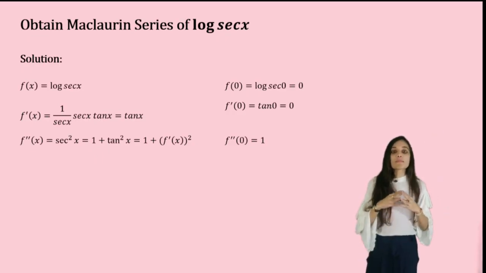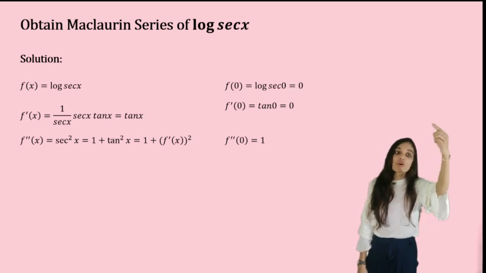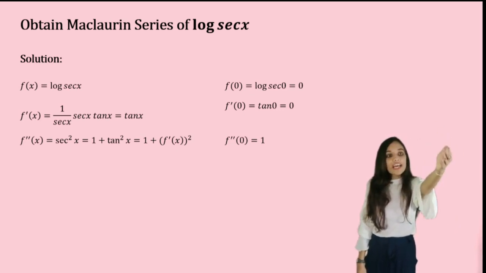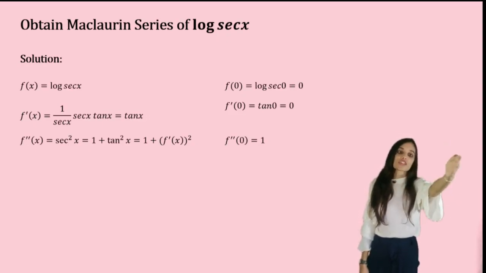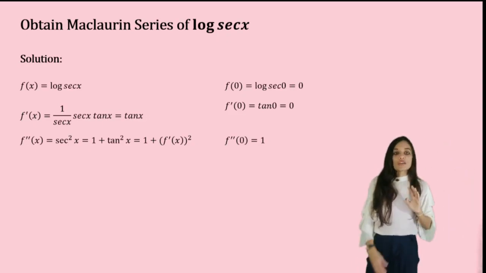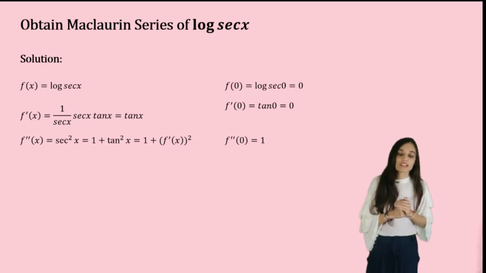And here by putting x is equal to 0, we get f double dash 0 equal to 1 plus f dash of 0 whole square. But our f dash of 0 is 0. So finally our f double dash of 0 is equal to 1. So remember, we will replace f of x, f dash of x in our derivatives simultaneously.